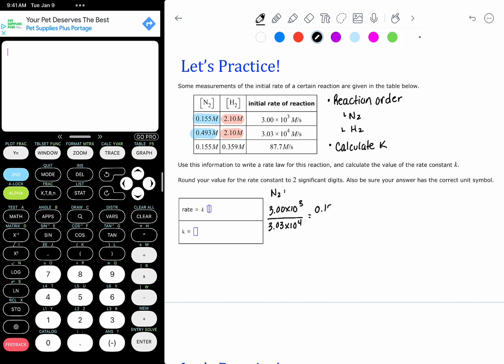So 0.155 and 0.493 raised to the x. So we'll simplify 3.0 times 10 to the 3, 3.03 times 10 to the 4.